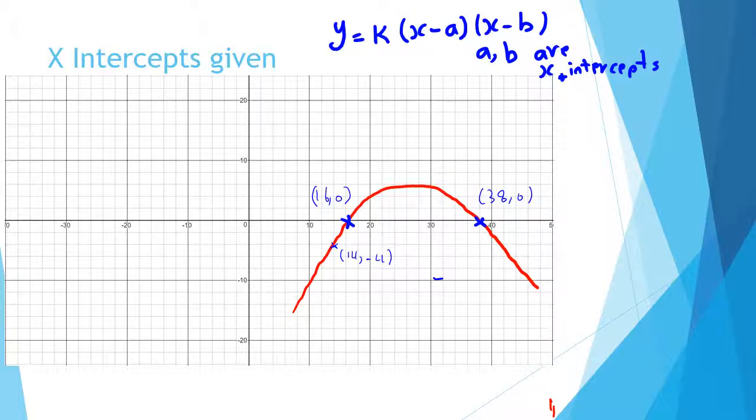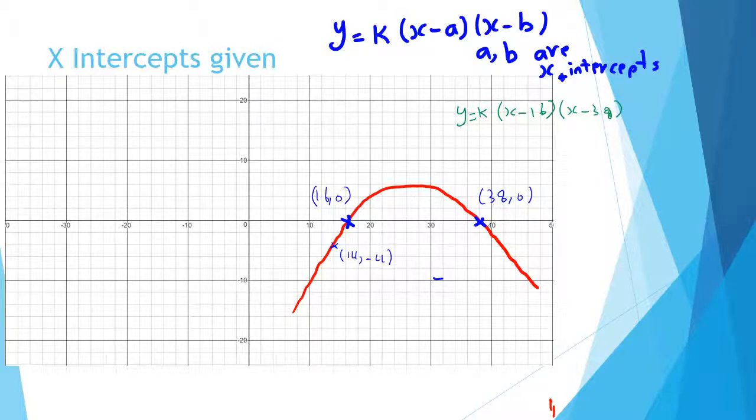The first thing is we're going to rewrite the x-intercepts in the equation, substituting instead of a and b. So y equals k, open bracket, x minus 16, close bracket, and open bracket, x minus 38, close bracket. The next bit is we're going to substitute the third point into this equation to find the k value.